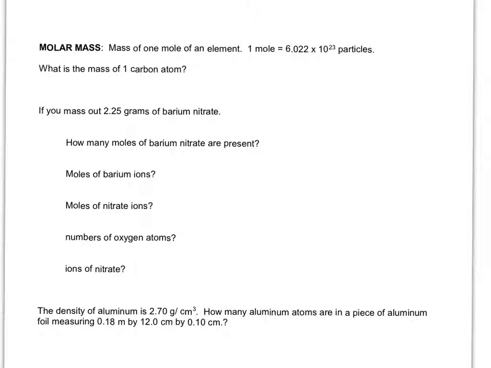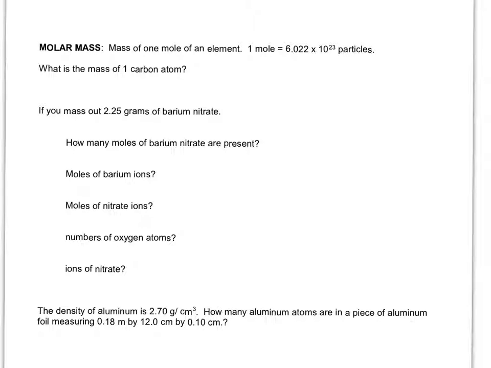is that if you look at the periodic table, the mass on the periodic table is the mass of one atom, if you take it in units of AMUs, atomic mass units. So carbon, for example, one atom of carbon would have a mass of about 12 AMUs.